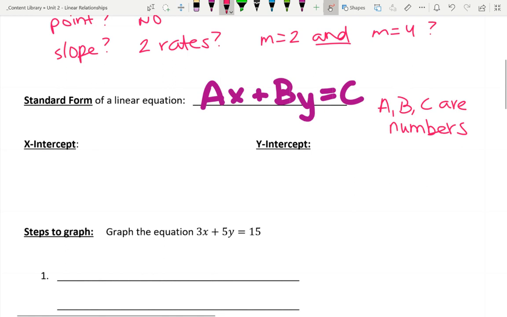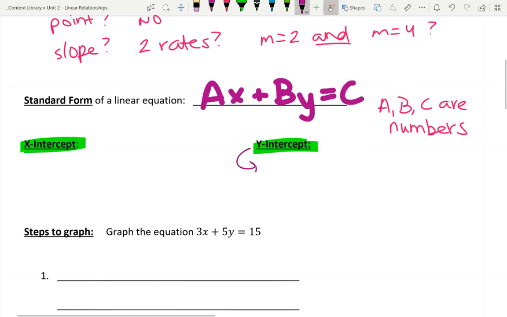So standard form behaves just a little bit differently than slope-intercept or point-slope form because instead of finding a slope and some point on the graph, we're finding 2 points, and those 2 points specifically are the x-intercept and the y-intercept. So let's review just a second exactly what those are.